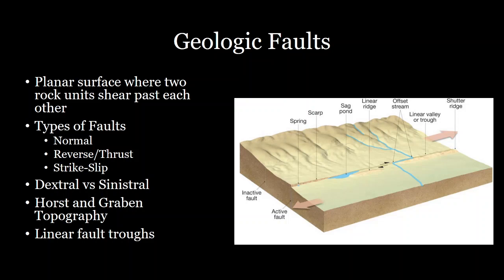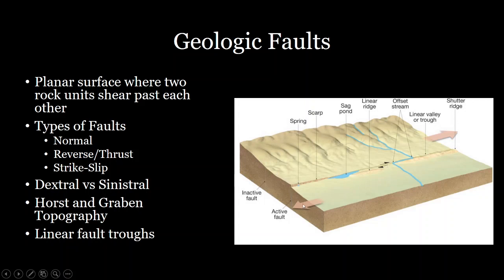We can also form some interesting topography whenever we have a linear fault that's strike-slipping past each other, because that fault tends to produce a lot of broken apart rock and can open up pore spaces. Groundwater tends to flow fairly easily through a fault, and so you can have a spring develop as well as pooling of water for what's called a sag pond.